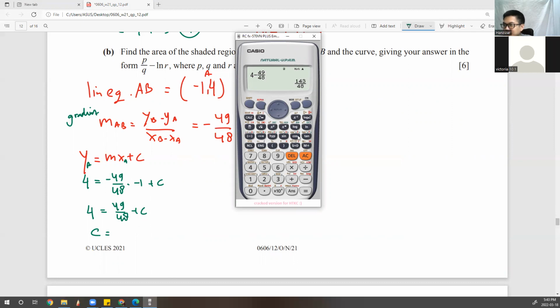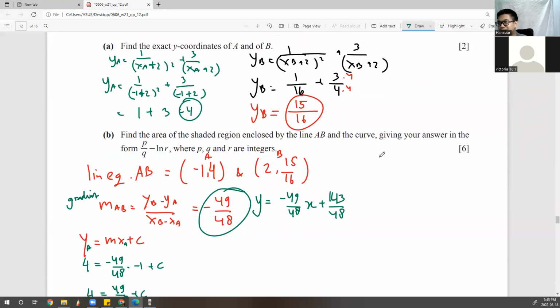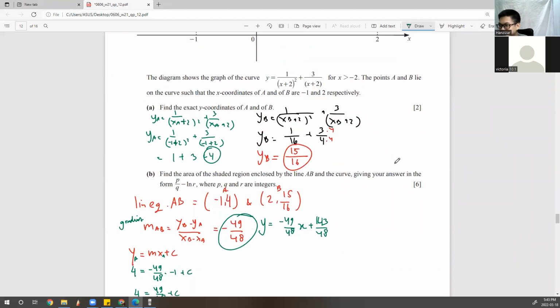There will be 143 over 48. Okay, no problem. So the linear equation is y equals, right? We have the m, we have the c. mx plus c. Okay, we are done for finding the y, right?